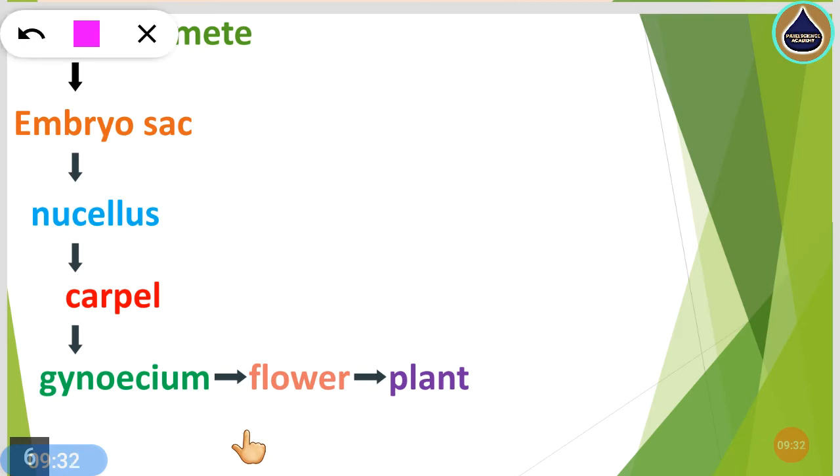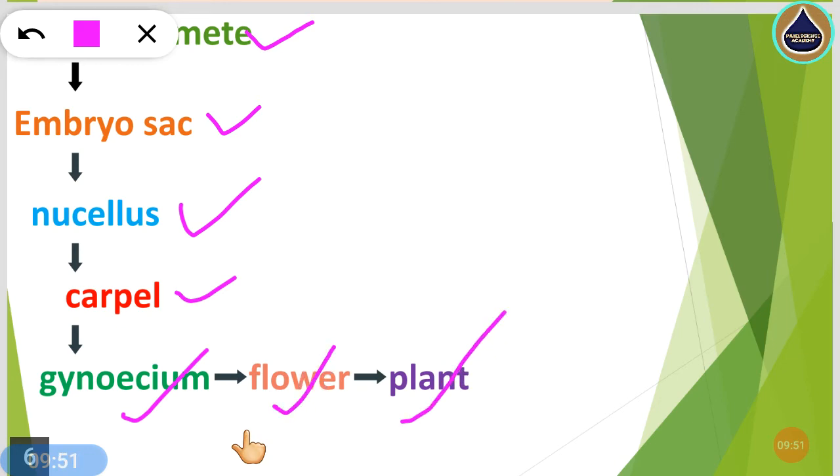So likewise, the female gamete, the egg, is found in the embryo sac, which is the part found in the nucellus, which is the part of the carpel, and it is the single unit of the gynoecium, which is the female part of the flower, and flower is the part of the plant.